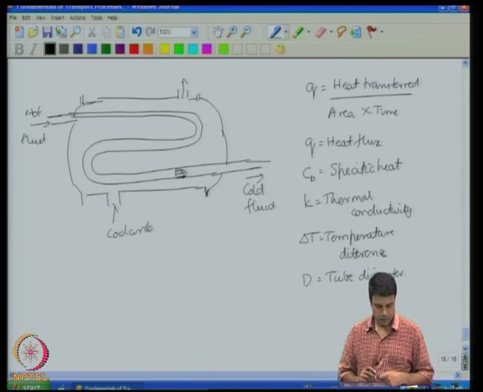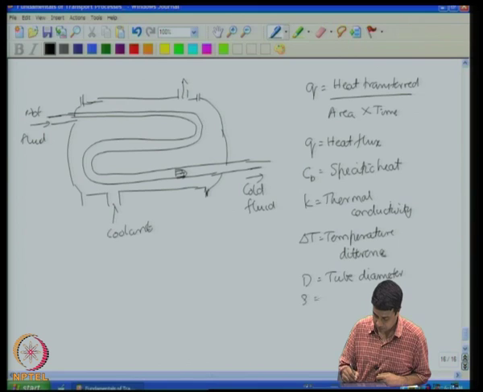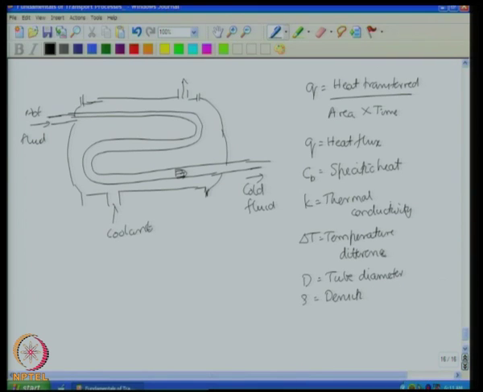And then it is going to depend upon the mechanical properties, the density of fluid, the viscosity of fluid, and the fluid velocity. And of course, the heat transfer rate is going to increase as the length of the pipe increases. So, the pipe length L is also going to be a factor.